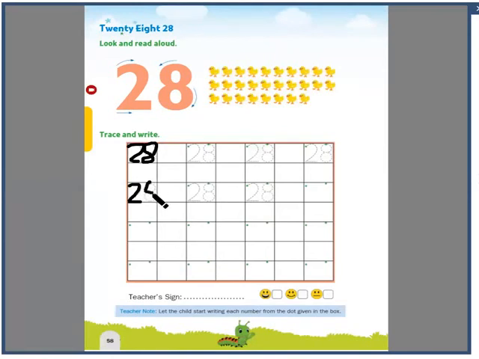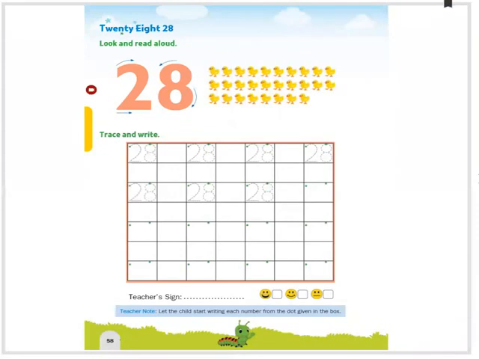Practice it like an S and just twist it. 2, 8, 28. They have given green dots here to start. 2, 8, 28. So complete the page by tracing and writing. Right? You know how to complete it? And turn your next page.